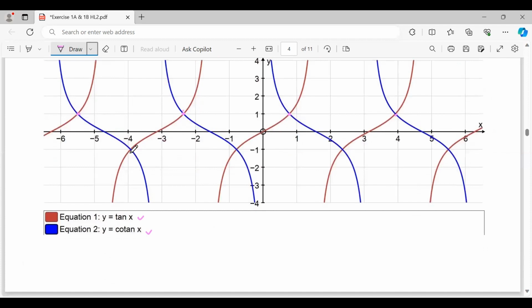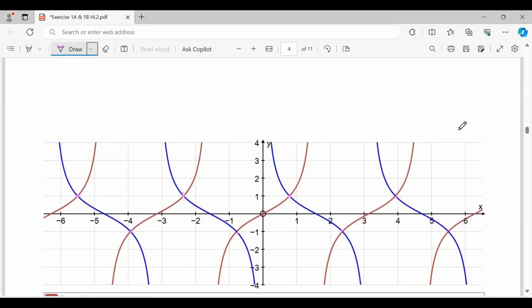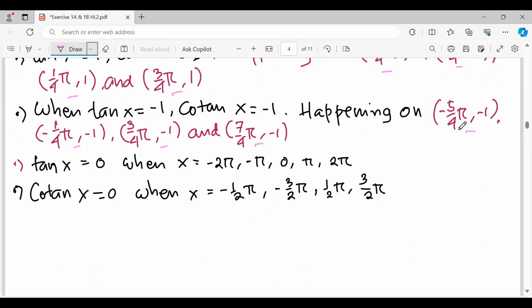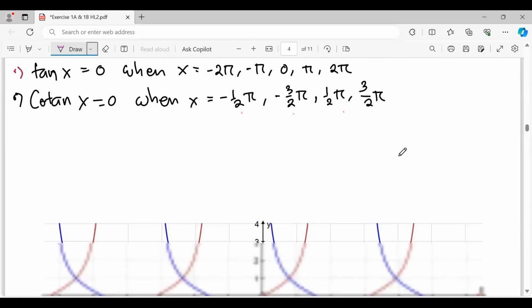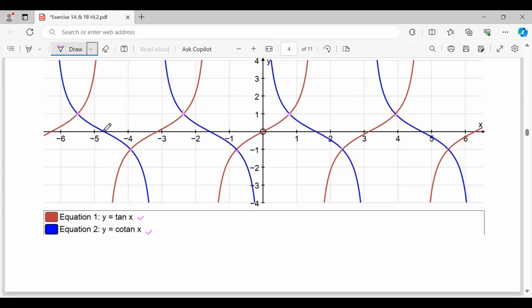And these are the intercept points between cotangent x and x-axis: 1, 2, 3, 4.